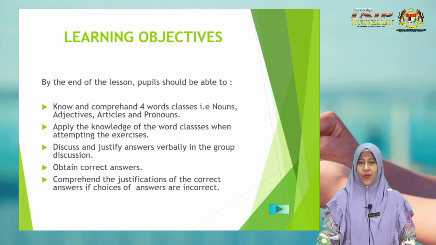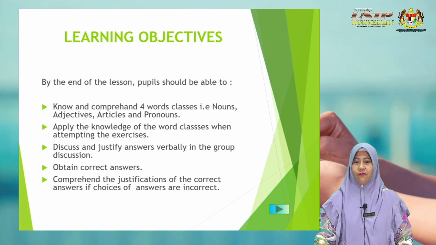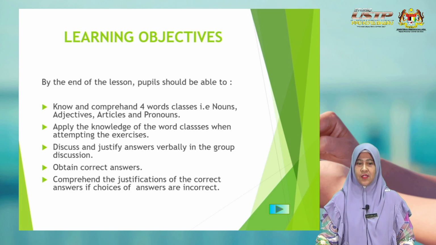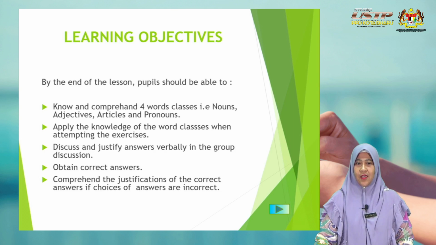Next, pupils should be able to discuss and justify answers verbally in group discussion. Next, pupils should be able to obtain correct answers. And pupils should be able to comprehend the justifications of the correct answers if choices of answers are incorrect.